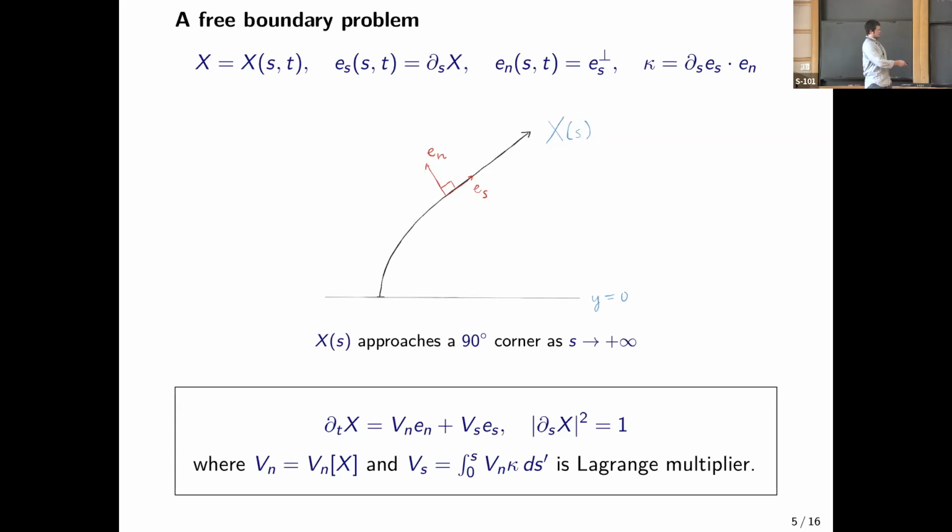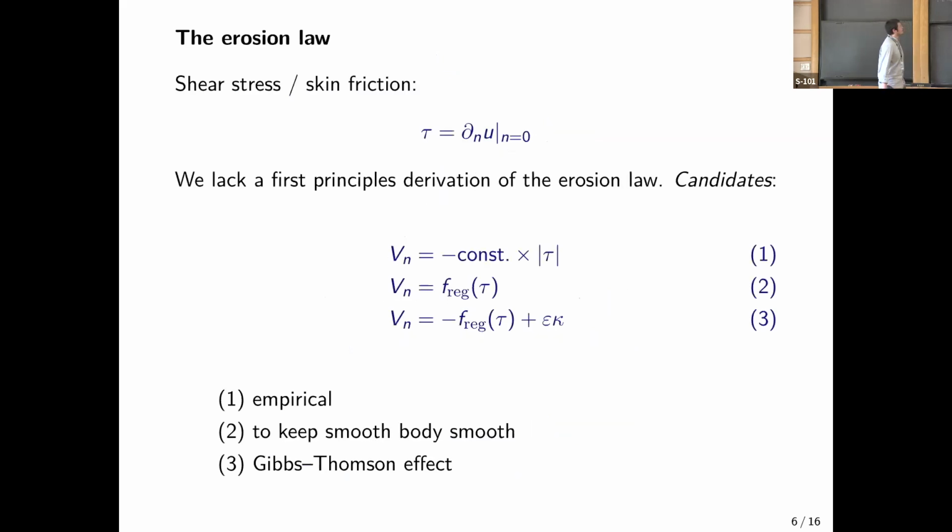Okay, so the model needs to be closed by understanding what this normal velocity is, and for that we need an erosion law. We define the shear stress, or the skin friction, on the boundary by this tau. It's the normal derivative of the velocity field running parallel to the boundary.